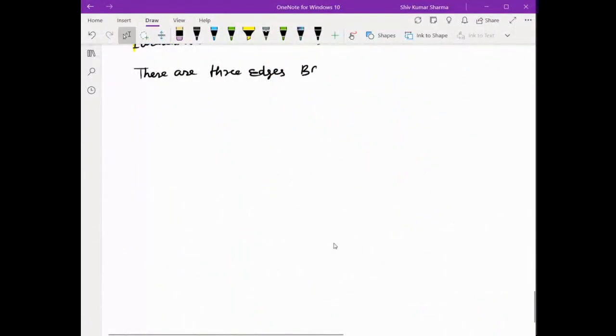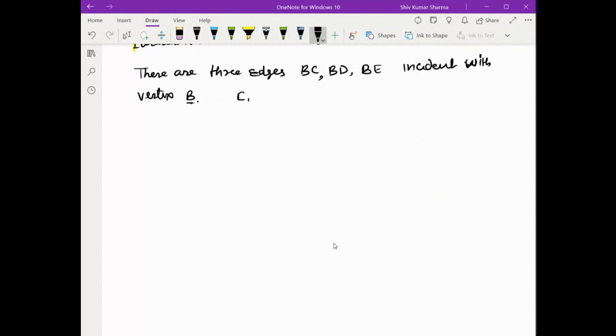Three edges we write as BC, BD, BE, incident with vertex B.